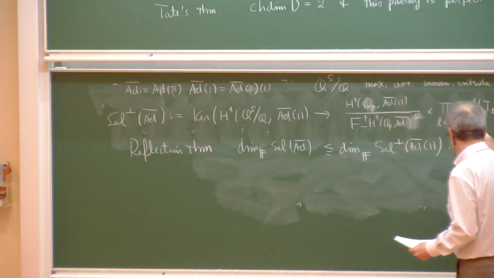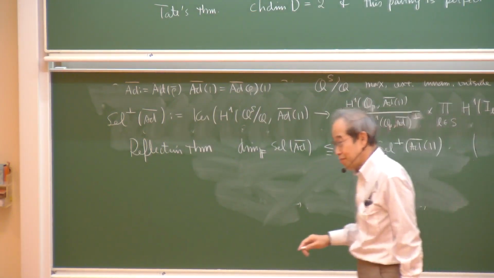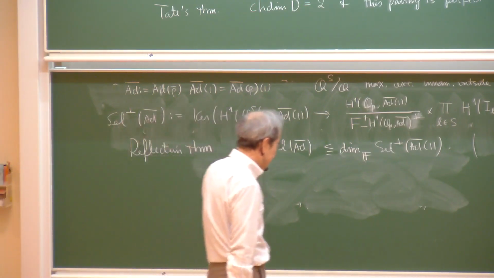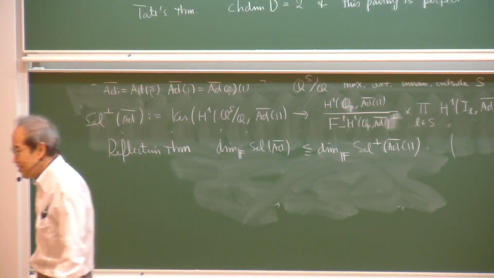So this proof uses a lot of local and global Tate duality and the Euler characteristic formula of Tate duality, and it's very long, so I don't do that.